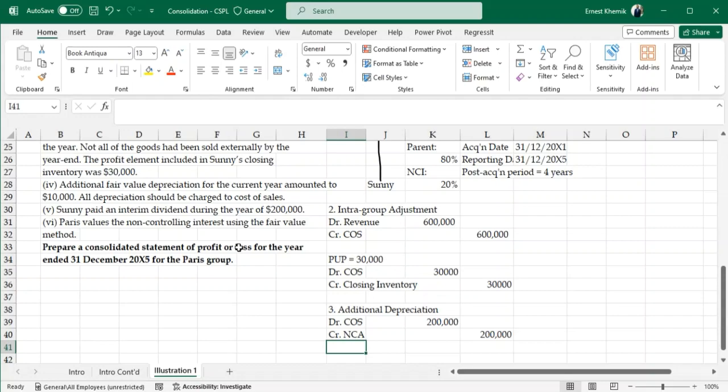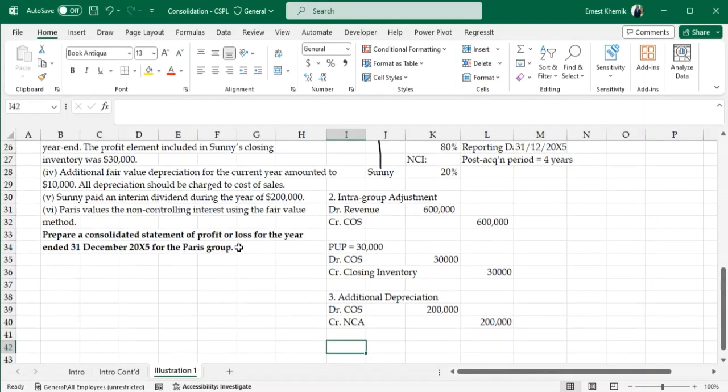Then finally we'll have a fourth working here, and the fourth working, as I said in my previous video, is the determination of the share of the NCI in the subsidiary's profit. So what is the share of the NCI of the subsidiary's profit for the year? That's what we are going to calculate in our working 4.